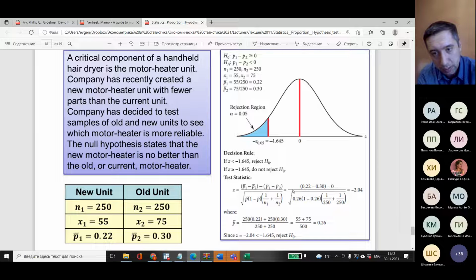Once I calculate the numerator, I can estimate that statistic. Then I have to use the critical value of that statistic. It is minus 1.645, and I compare my estimated Z with its critical value. I see that my estimated Z is smaller than the critical value, hence I have to reject the null hypothesis, and my conclusion is that the second proportion is greater than the first proportion.